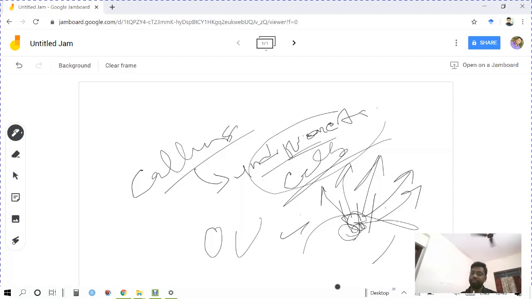So in today's class, I briefly covered propagation: asexual propagation and sexual propagation. In asexual propagation, different things are there, like grafting and budding. We discussed micropropagation, which is one kind of asexual propagation, and its basics.